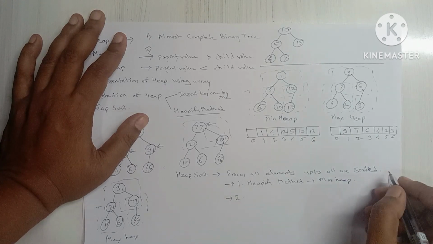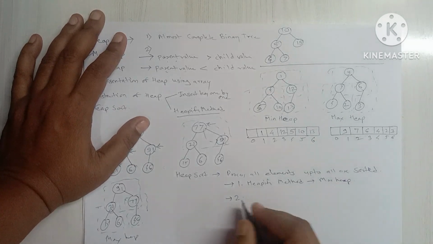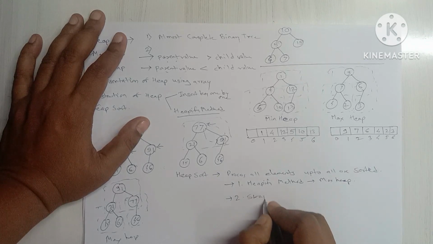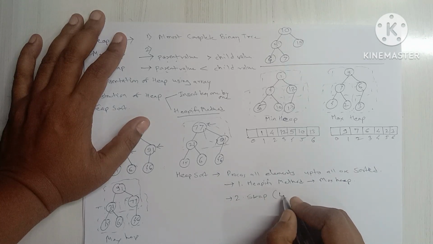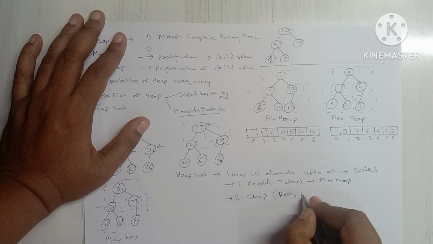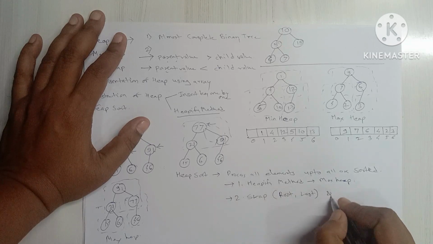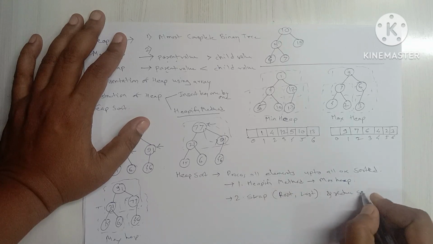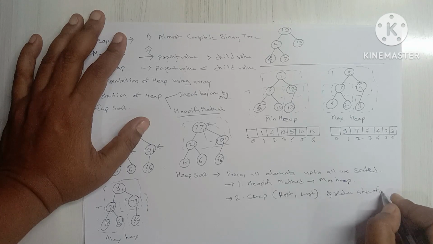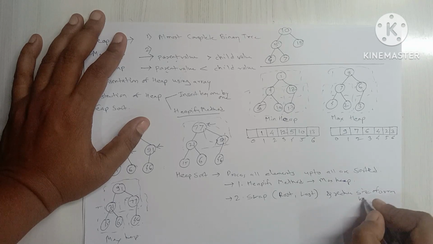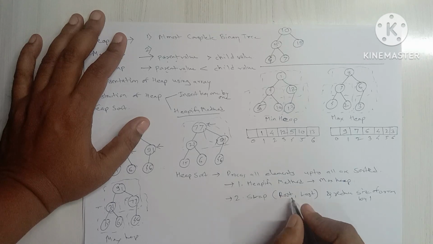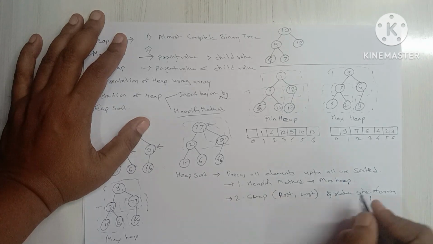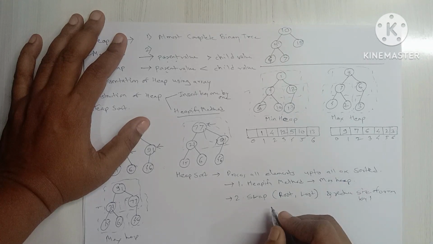After finding the max heap, the next step is we need to swap. What do we need to swap? We need to swap the root element and the last element, and then reduce the size of the array by 1. So we need to swap the root and the last element, and after that we need to reduce the size by 1.